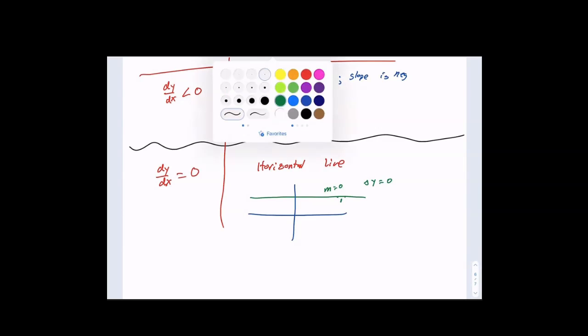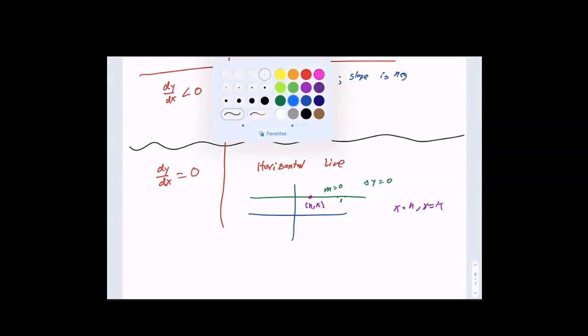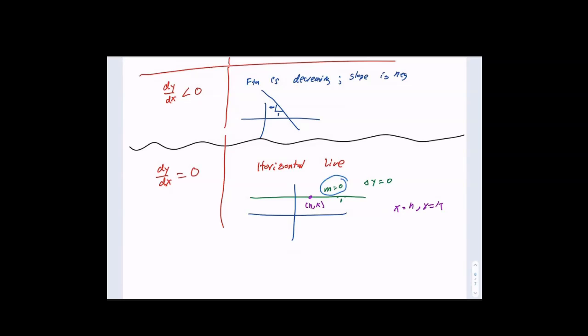Now, what's important and interesting in this case is, let's say I was trying to find the equation at this point right here, at this coordinate h comma k, where x equals h when y equals k, then the equation of this line, when the slope is 0, is y equals k.